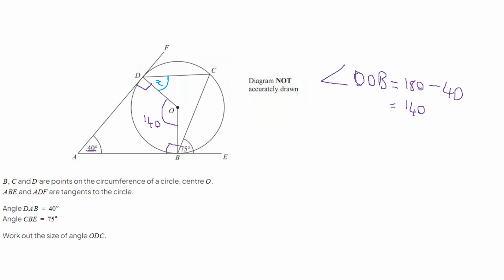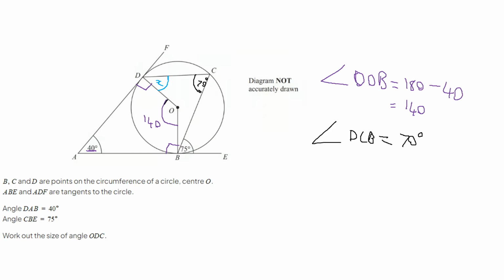Now, what else can we work out from this composition here? Well, remember, this is an angle on the center. So the angle at the circumference is just going to be half of that. So angle DCB is just going to be 70 degrees. You agree with me? And what else can we work out?